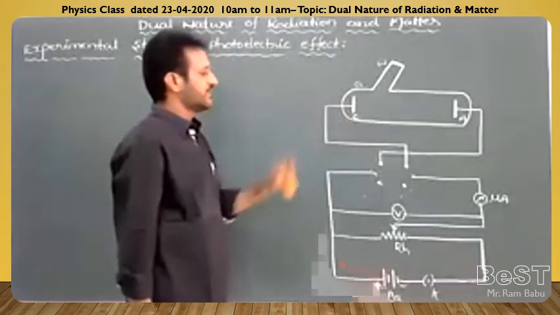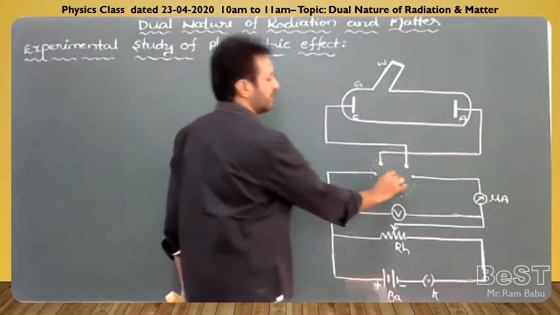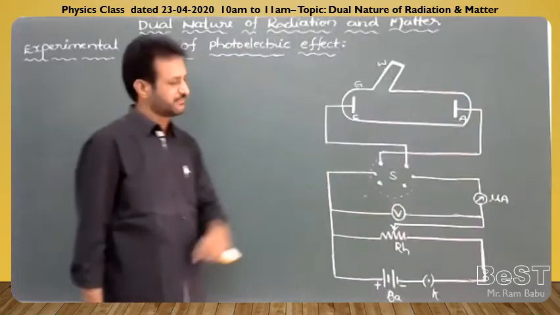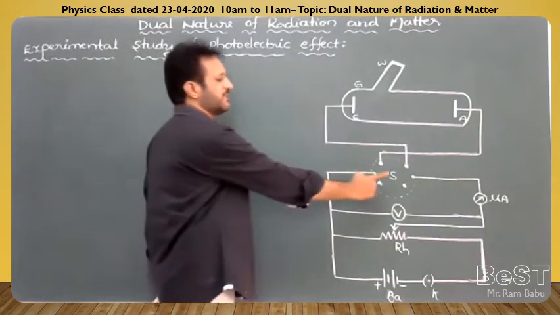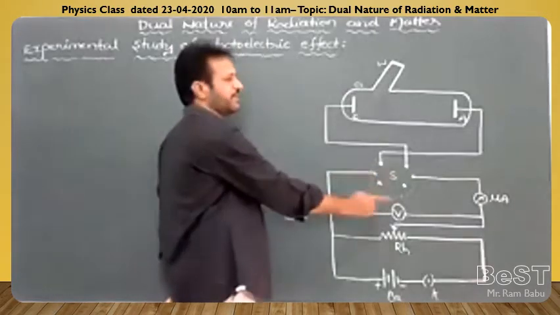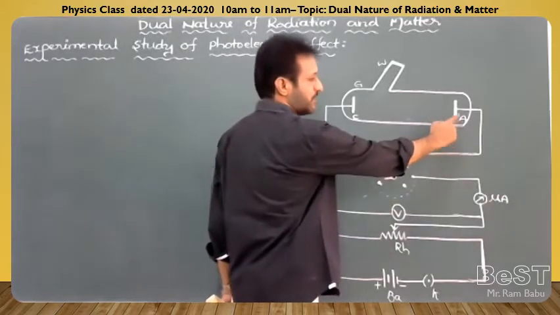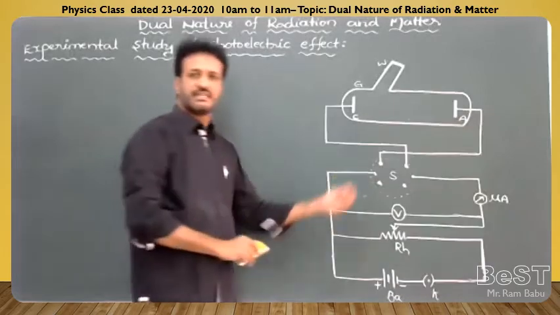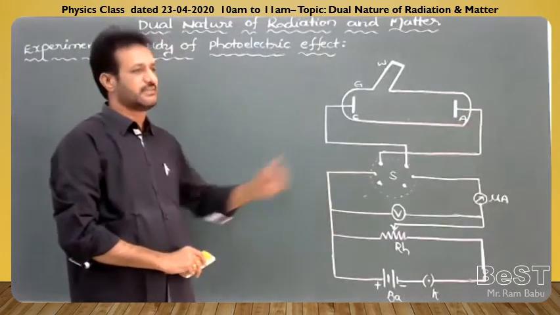Both cathode and anode are connected to one reverse switch, which I am representing with the symbol S. The purpose of the reverse switch is that whenever we want to apply a positive potential to the anode we can, and a negative or zero potential we can apply by using this commutator or reverse switch.